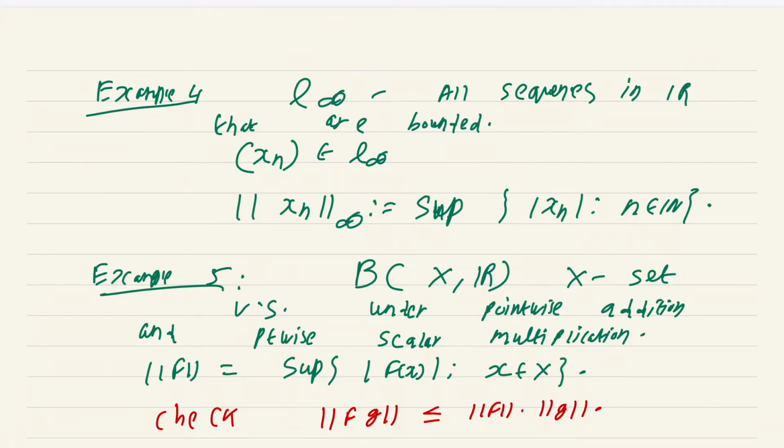Okay, now let me make a general definition that is going to come again and again in this course and elsewhere in topology. This is the definition of a subspace.